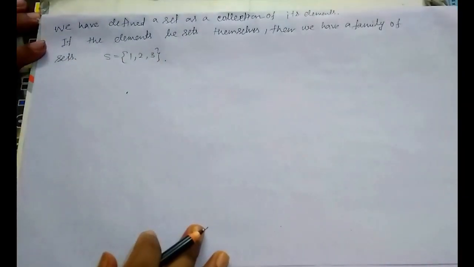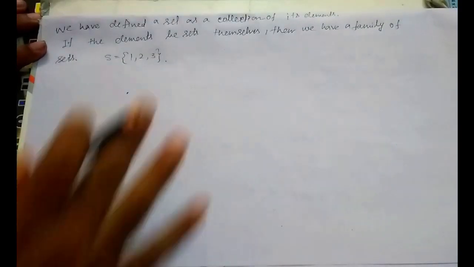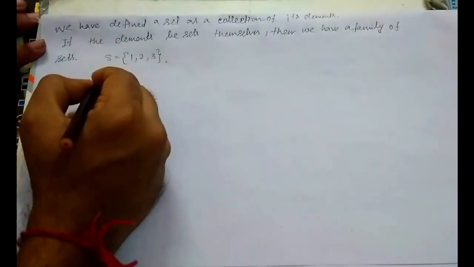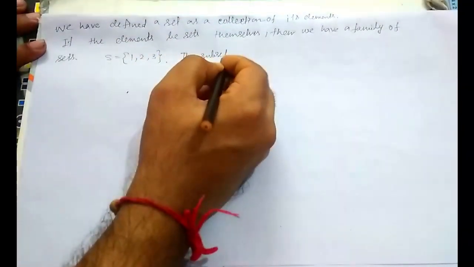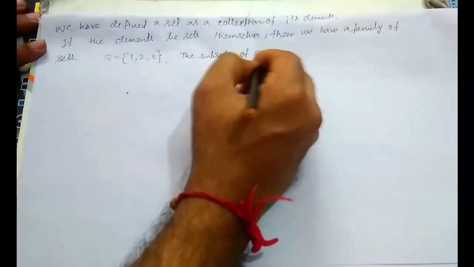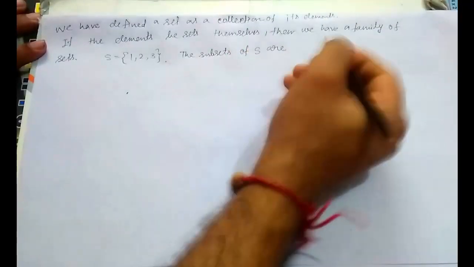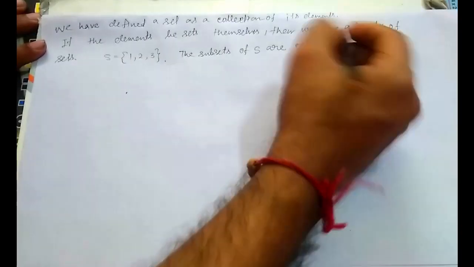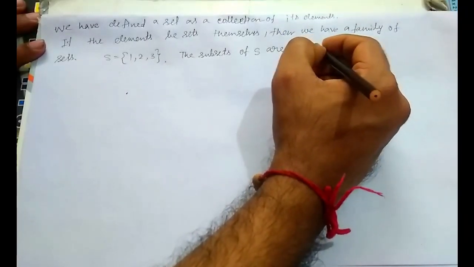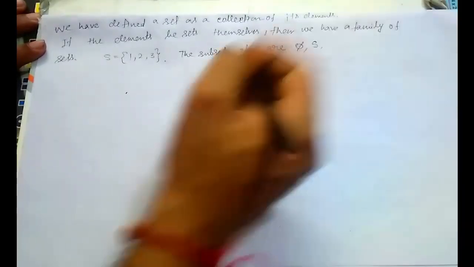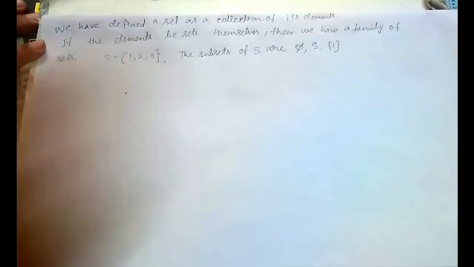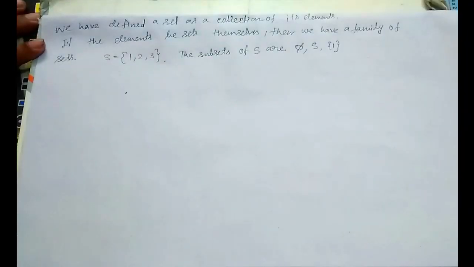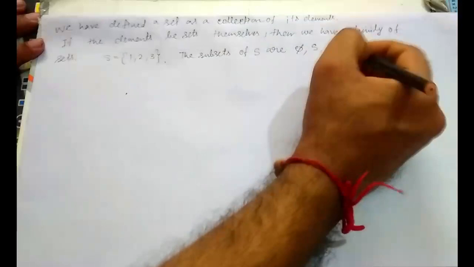Okay, now the subsets of S, I am writing here, the subsets of S are obviously 5. Okay, S is a subset of itself, so S, and this type of set is called a singleton set, because there is only one element.